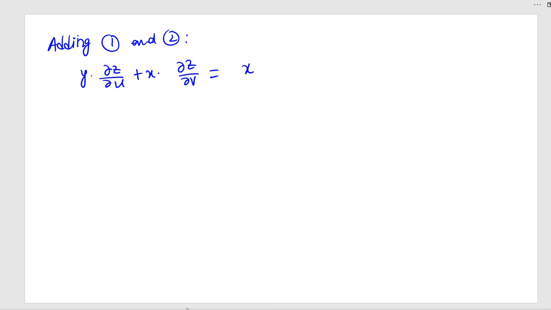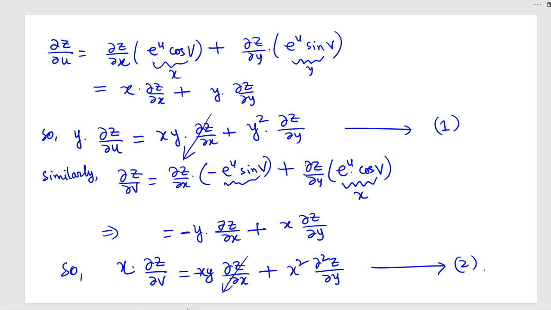So this is nothing but x square plus y square times del z del y.